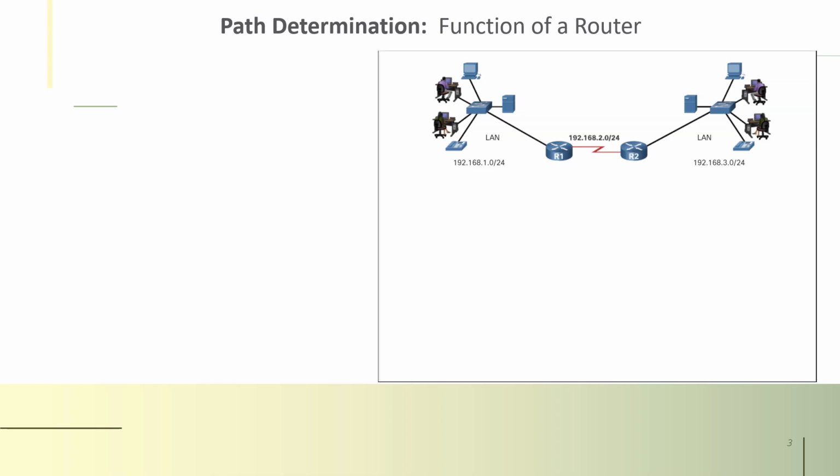But a router connects multiple networks, which means that it has multiple interfaces, each one belonging to a different IP network. When a router receives an IP packet on one of its interfaces, it determines which interface it needs to use to forward the packet to the destination. This process is known as routing.